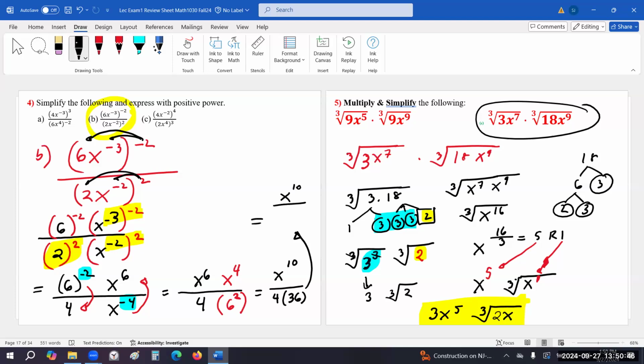We need to do it manually. 36 times 4: 24, so 4 goes down, 2 goes on the top as an addition. Then we add 12 plus 2, that gives us 14. So this is our final answer: x to the 10 on the top, 144 on the bottom.